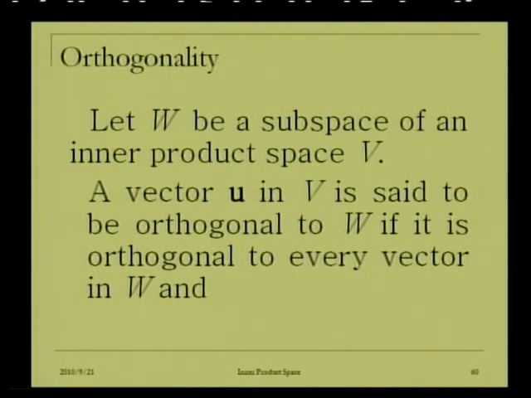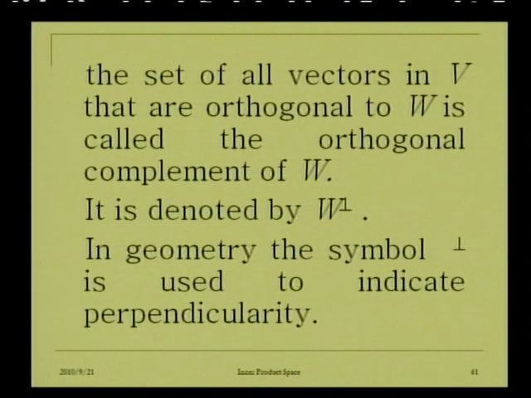every vector in W, and the set of all vectors in V that are orthogonal to W is called the orthogonal complement of W. So let us see again.